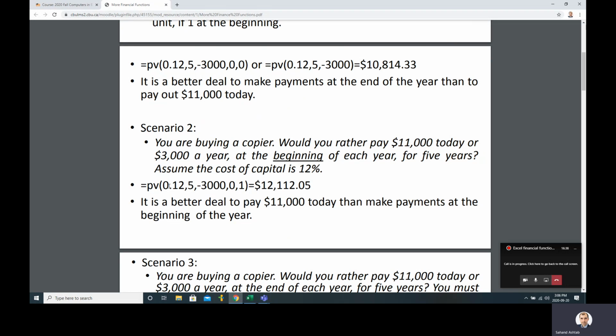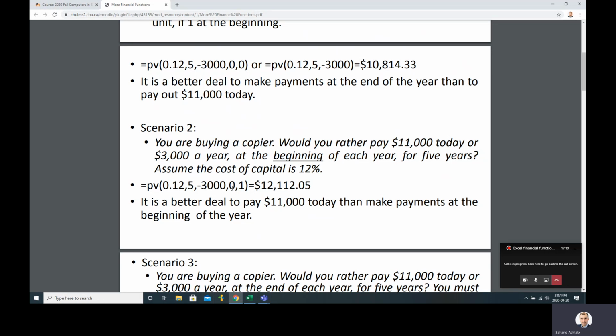Remember that the PV function has 5 arguments. You will leave the 4th and the 5th arguments blank if both of them are 0. In this case, which is scenario 2, the 5th argument is actually 1. The 4th argument is default, which is 0. But you should not close this argument with 4 arguments inside parentheses and 1 being last.